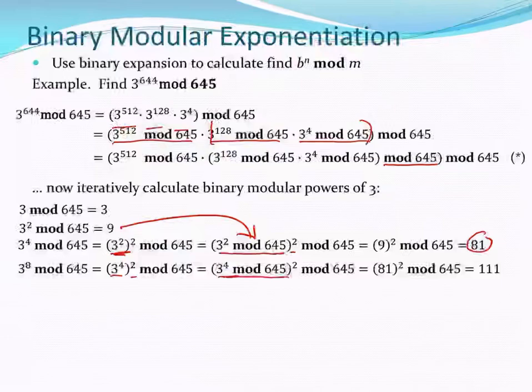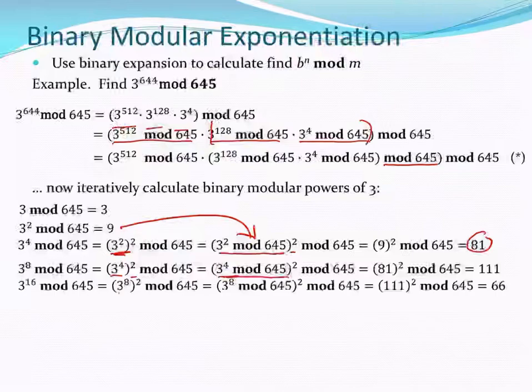All right, how about 3 to the 16th? That's going to be 3 to the 8th squared mod 645. I've already calculated 3 to the 8th mod 645. It's 111. So I substitute that in, square it, take the mod of 645, and get 66.